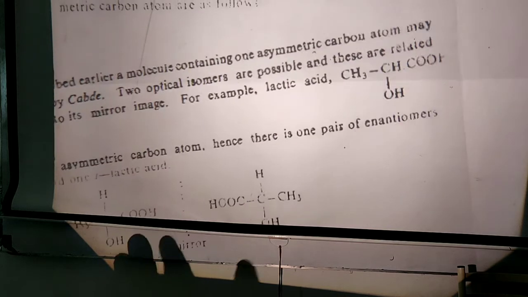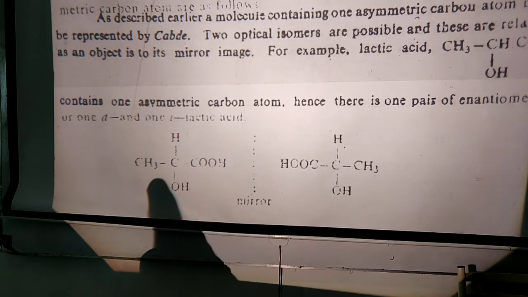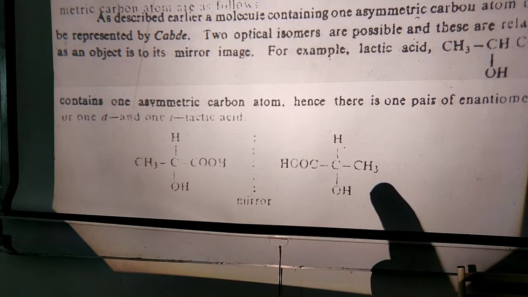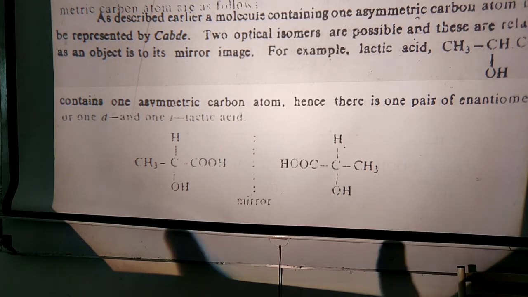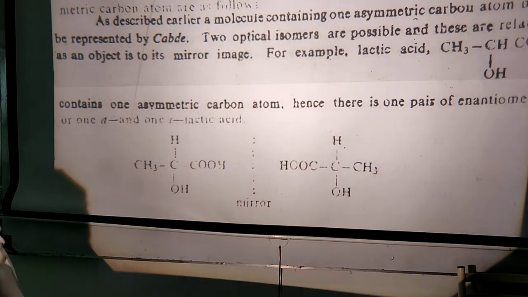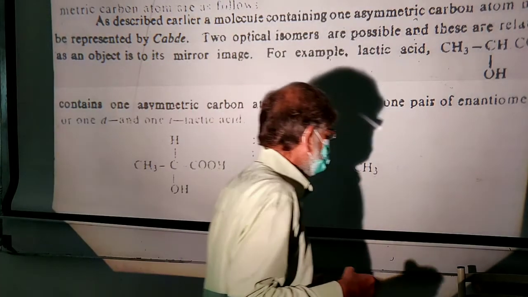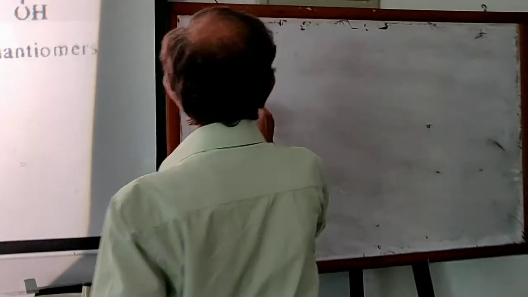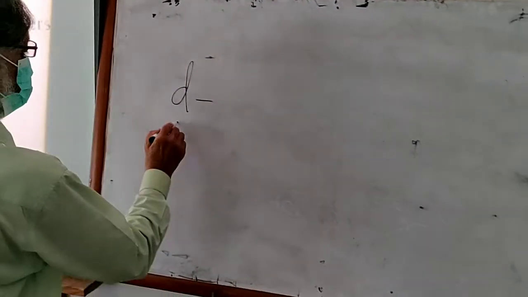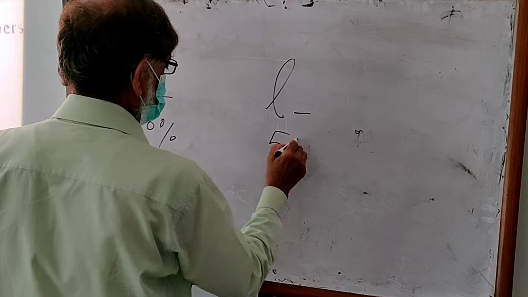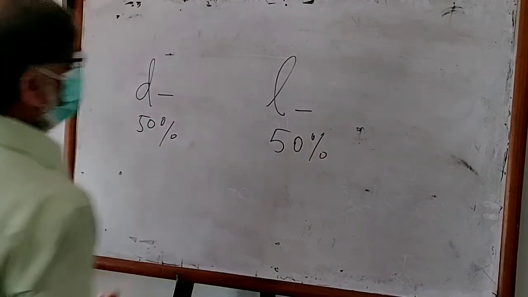So now you can see if this is 50% dextrorotatory and 50% levorotatory, when these two are mixed together, they are optically inactive. So now I can write it in this way. Look, this is the D form and this is the L form.